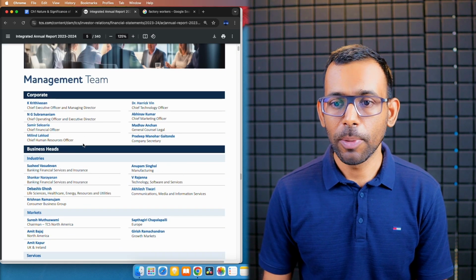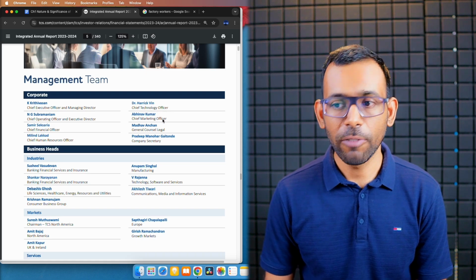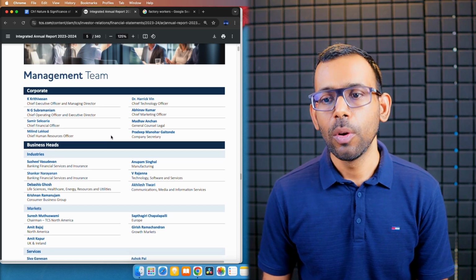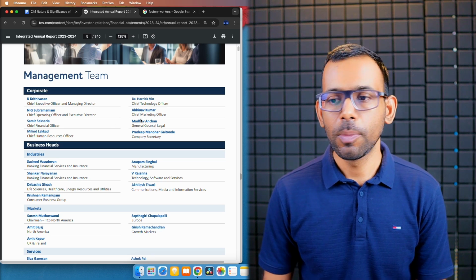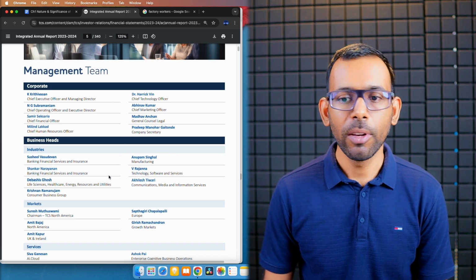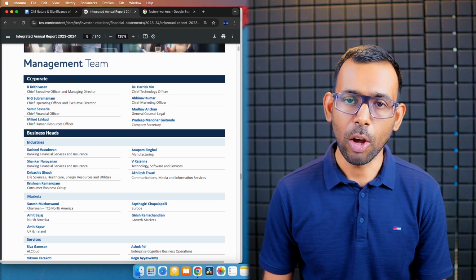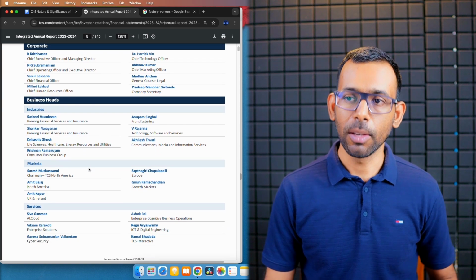And this is the management team. So they have given the names of the people: Chief Technology Officer, Chief Marketing Officer. So your CEO, CFO, COO, your Chief Legal Counsel, all the top level people, at the corporate level as well as at the business head level, they belong to the top management.